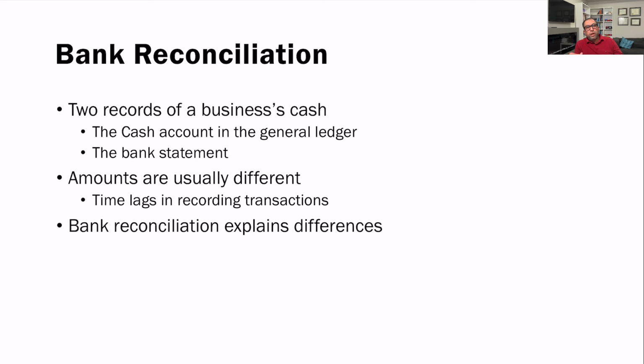According to the books of the bank this is the balance, and according to the books of the account holder this is the balance, and we want to reconcile them. The amounts are usually different, and the reason behind this difference is mainly the time lag. When we deposit a check, there is a time lag before it is deposited in our account. During that period, in our books it appears as our balance, but in the bank it is not yet appearing as a balance.